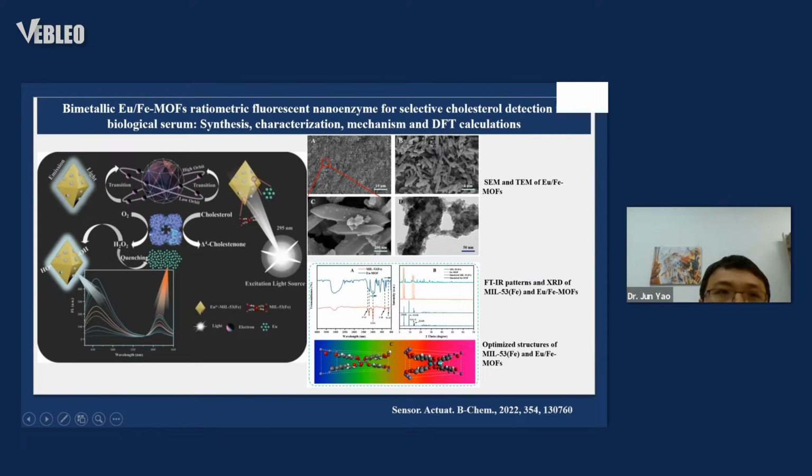The optimized structure of the pure MOFs and the doped MOFs were simulated by DFT study.